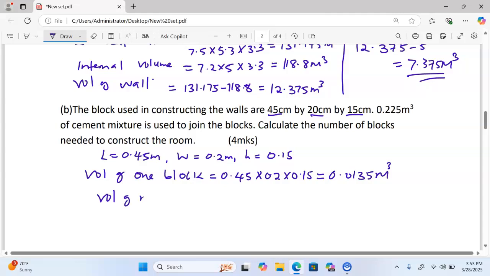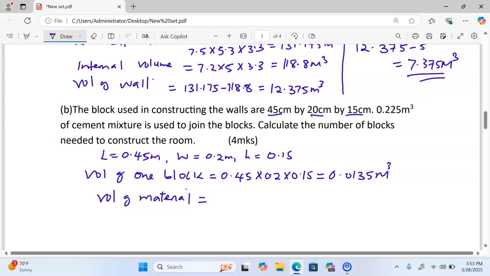Once we have gotten that, we can now calculate the volume of the material. We were told that 0.225 meter cubic of cement mixture is used to join the blocks. Calculate the number of blocks needed to construct the room. In this case, we have to remove this mixture of cement so that we can remain with the volume of the material.